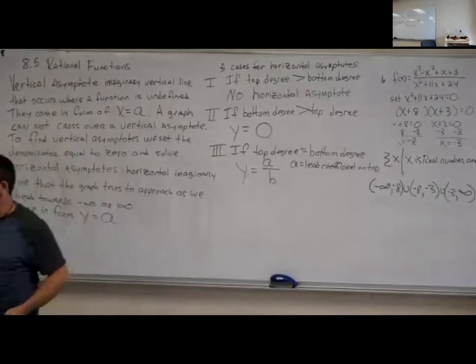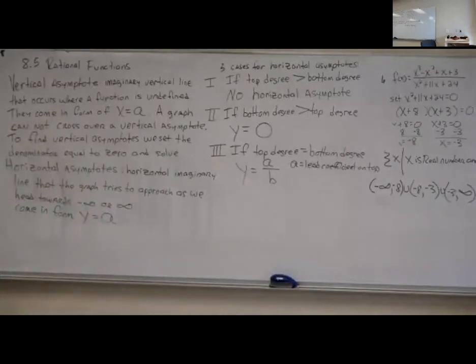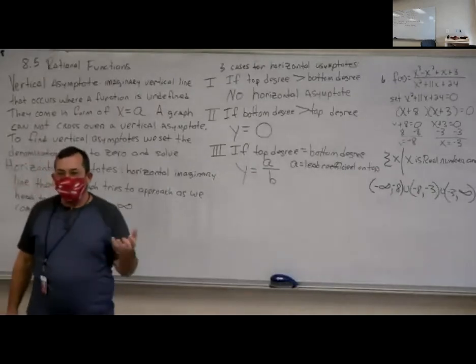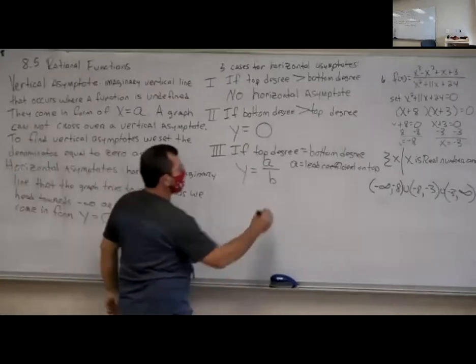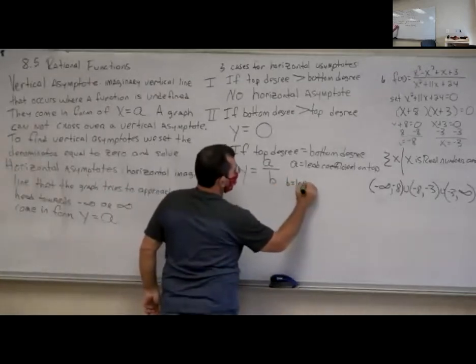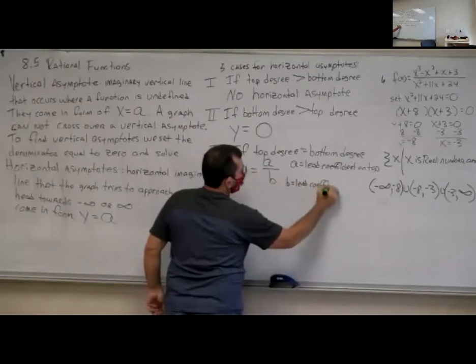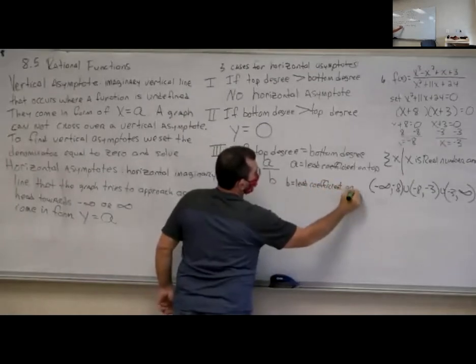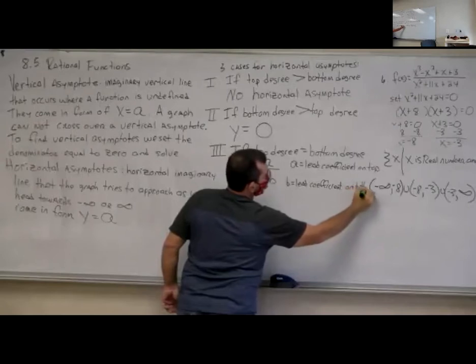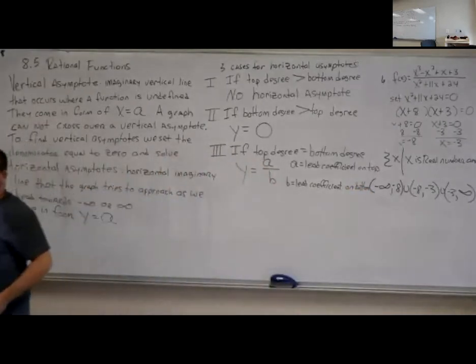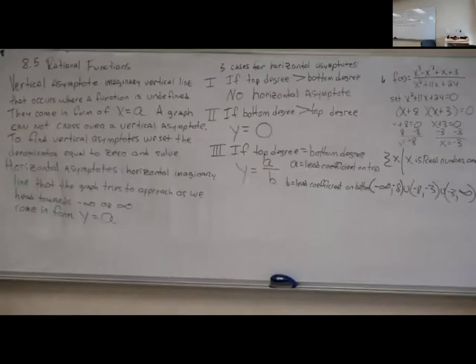So the lead coefficient is whatever number's in front of that variable with the highest exponent. And B will be the lead coefficient of the bottom. So if they're equal, I'll look at what numbers are in front of the lead coefficients on top and bottom. And then that gives me the equation for the horizontal asymptote when they're equal, okay?